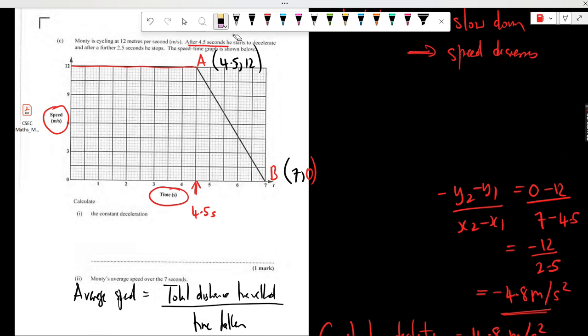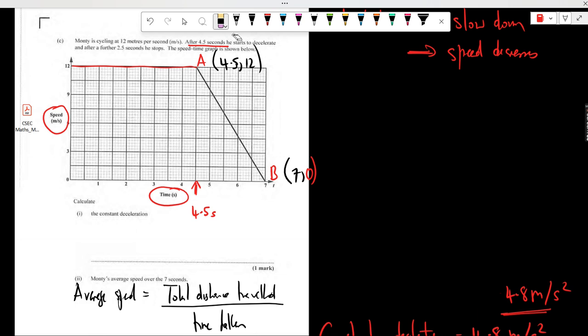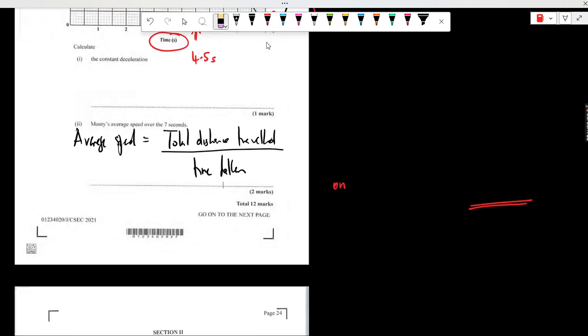Come on, I expect you to be able to identify the shape. Nobody can identify the shape? It's a trapezium. Yes.